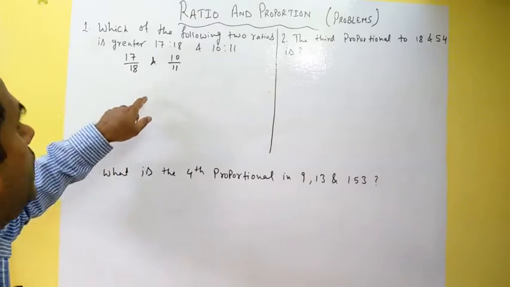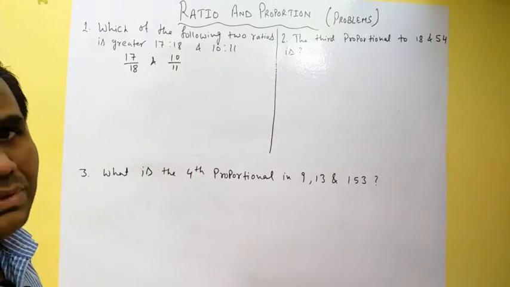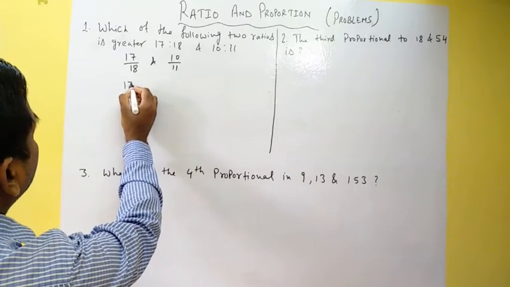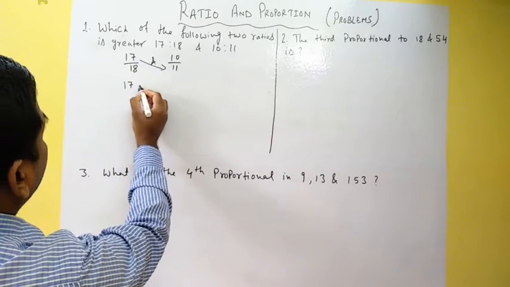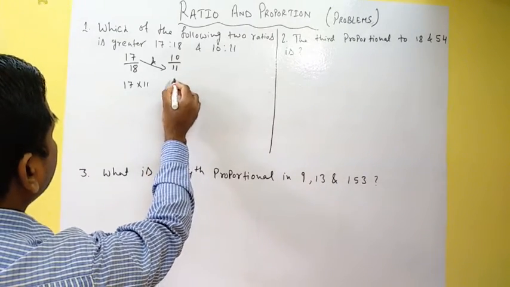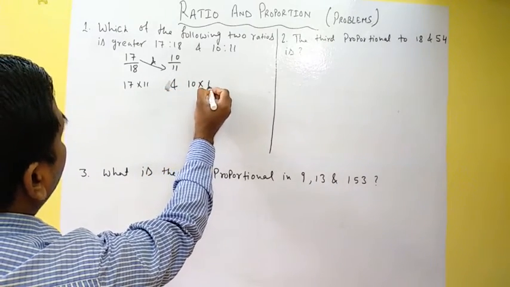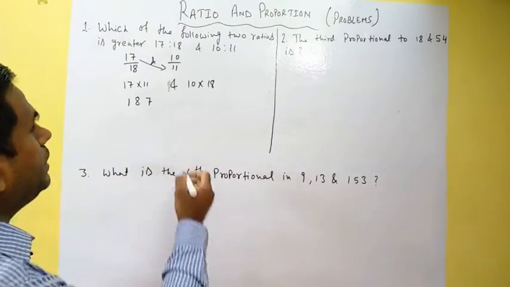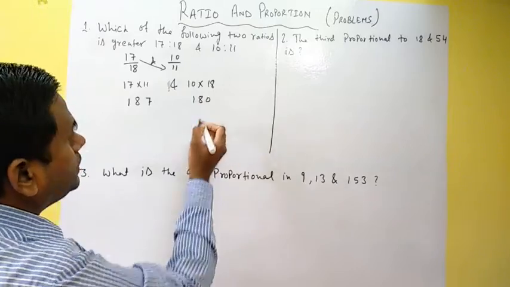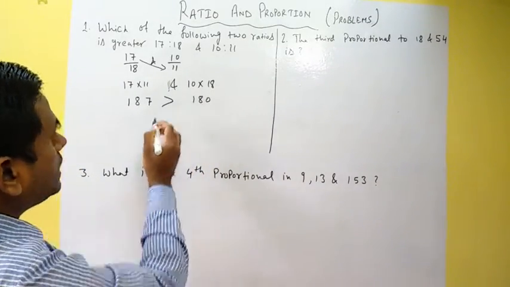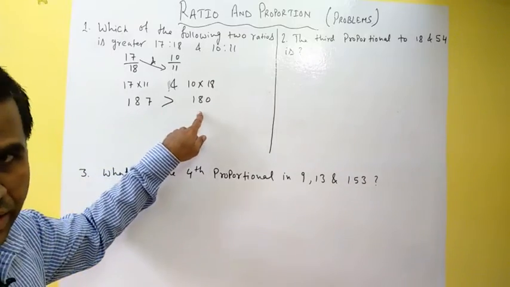For this, we have to do the cross multiplication. Cross multiplication means like this: 17 into 11 and 10 into 18. 17 into 11 we will get 187 and here we will get 180. So we came to know that 187 is greater than 180.